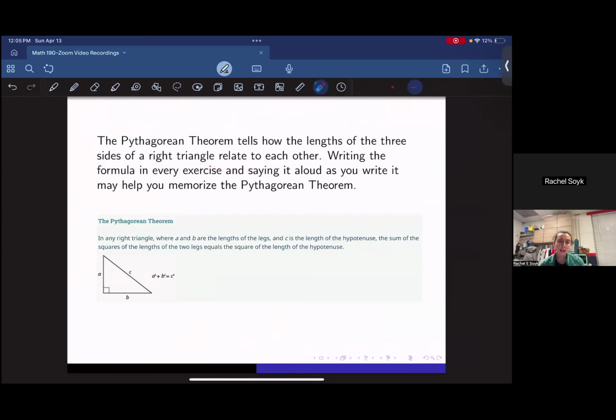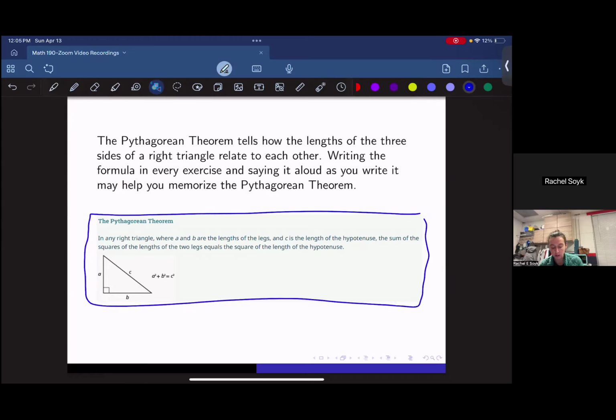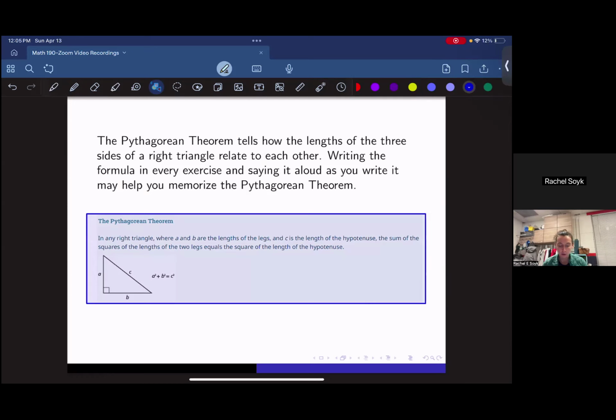And writing this formula during each of your practice examples, both with me as well as on your own, when you're enforcing this new knowledge, will really help you memorize the theorem, and then it will just build up your muscle memory, which will also help you memorize the Pythagorean theorem. So below here, we once again have our formal definition with a very straightforward illustration.